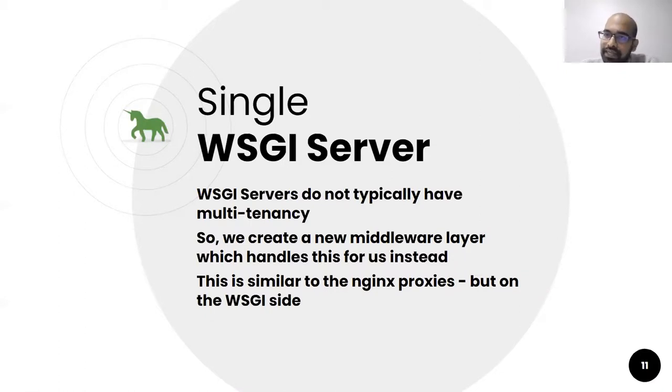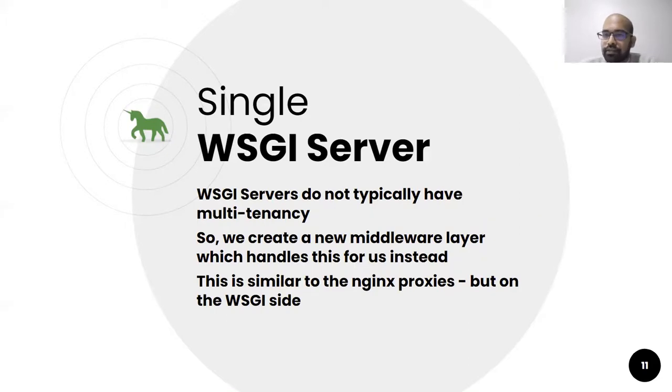Let's talk more about the WSGI server, where things get a little more difficult, right? Over here, we're talking about actually enabling multi-tenancy on the Unicorn side, and Unicorn doesn't support it, since most WSGI servers' main responsibility is to handle threading, request caching, and so on. Not really the whole multi-tenancy aspect of things.